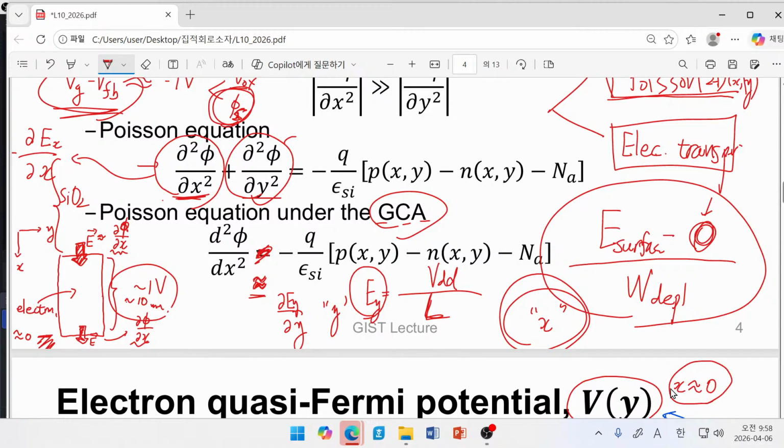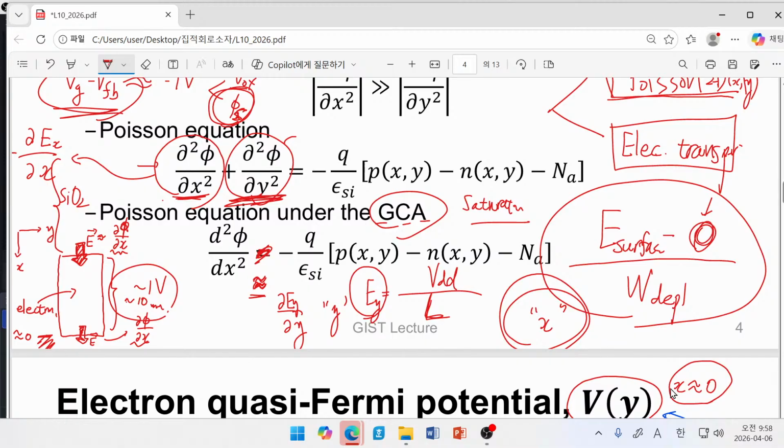If we go to the so-called saturation mode of our transistor operation, then maybe this is not the case. Now this second part becomes comparable to our first term, the vertical variation of electric field.